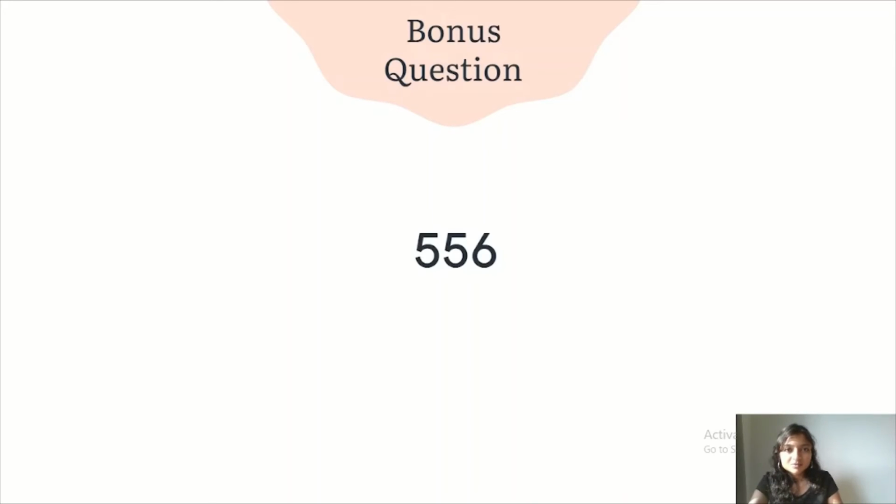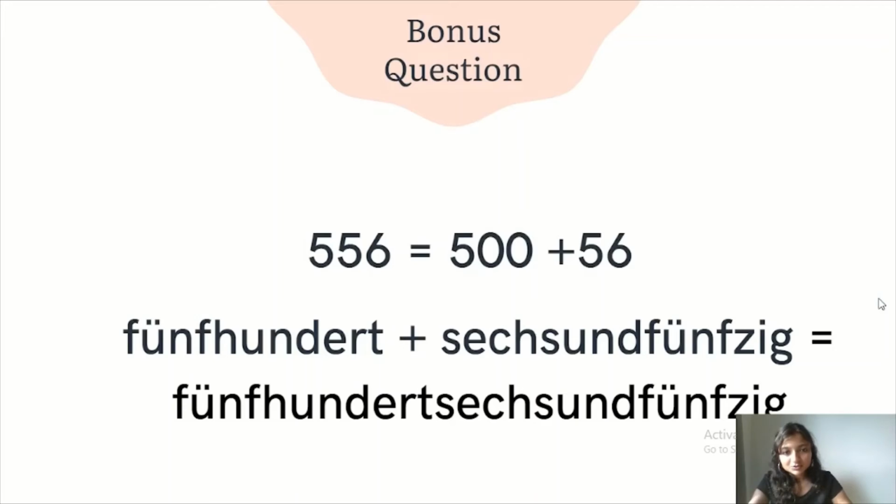So please pause the video if you haven't. Go to the solution. It is 500 plus 56. 500 is called as 500 and 56 is called as 56. So 556 is called as 556.